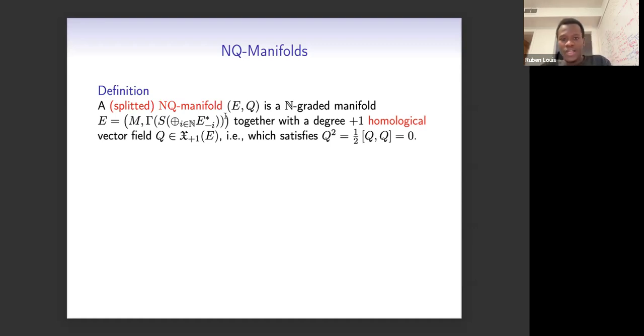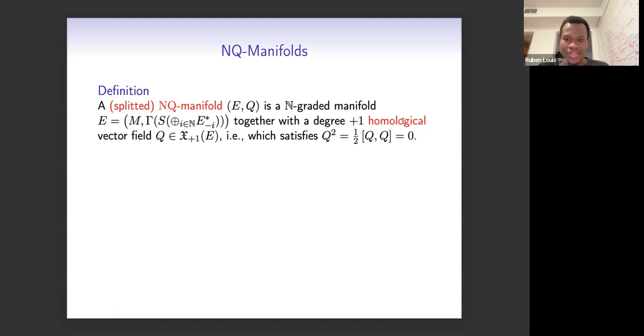So a split NQ manifold is an N-graded manifold where M is the base manifold and the functions are the sections of the symmetric algebra of the dual of some vector bundles.